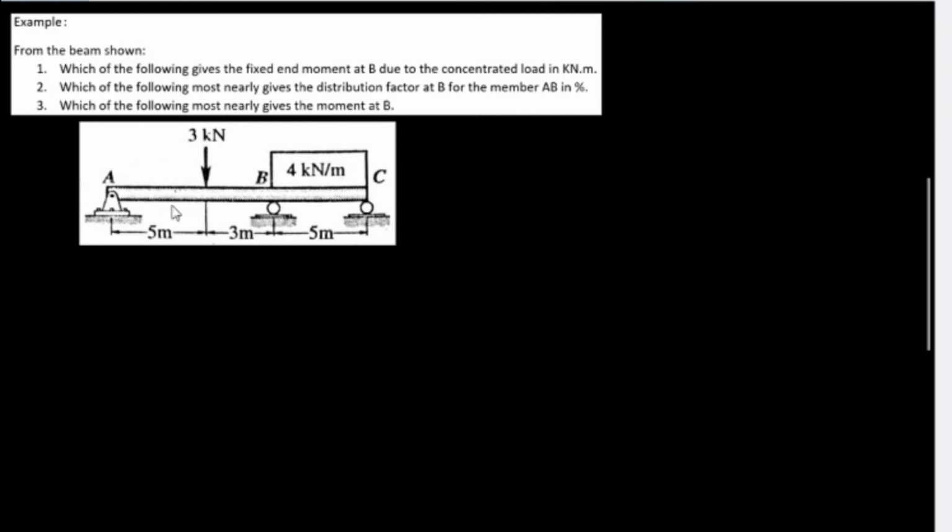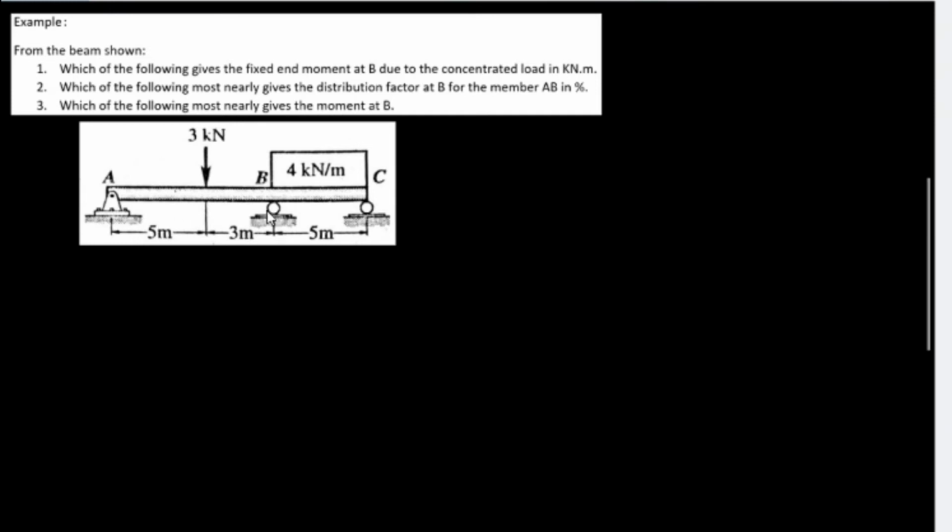In this diagram, there are three supports. At point A is a hinge, at point B is a roller, and point C is also a roller. This is an indeterminate beam, which means more than three supports.